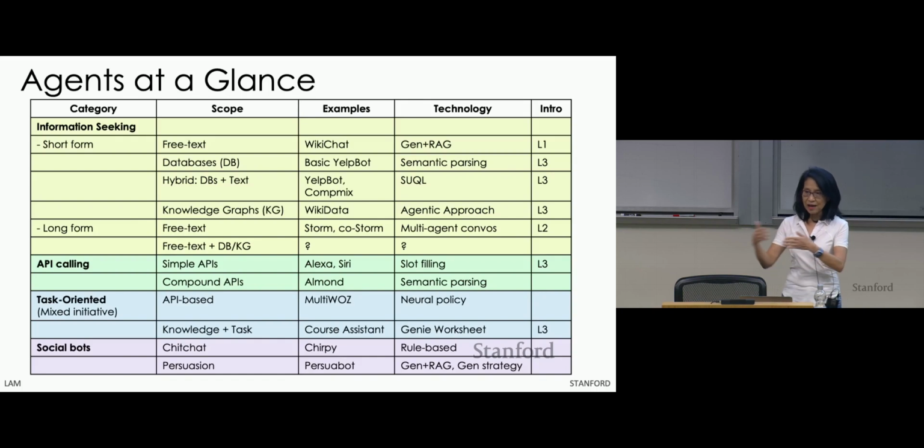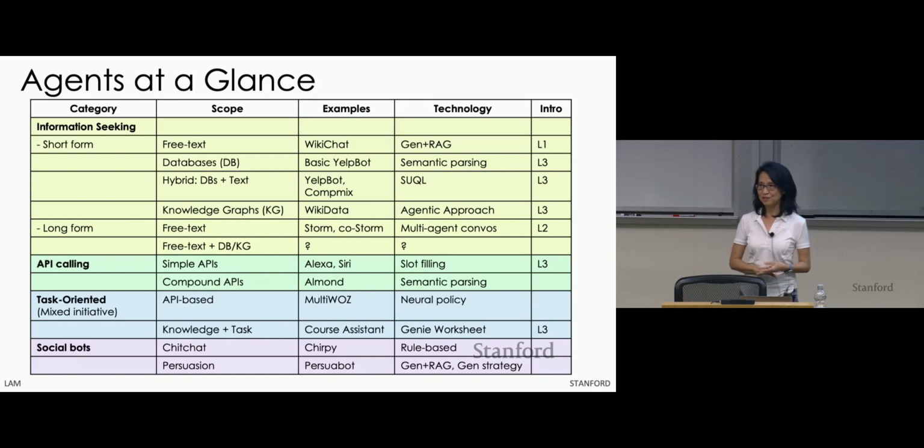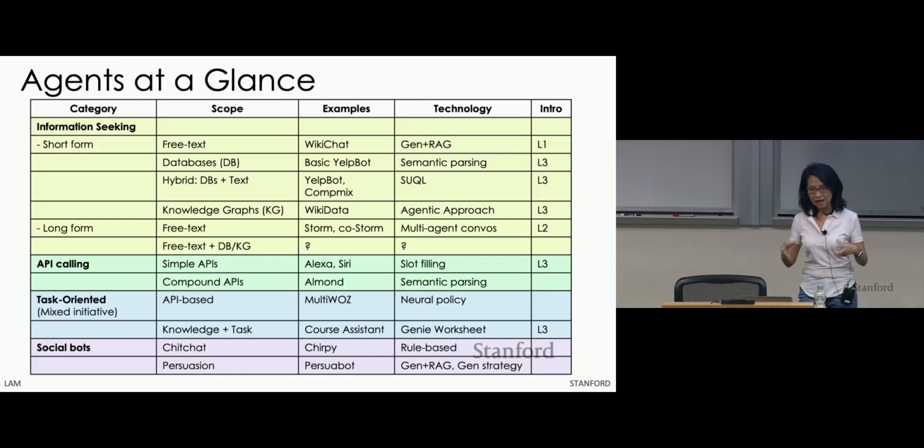And then beyond that, there will be the task-oriented agents. There's a lot of work on dialogue agents, and there's a dataset called MultiWOZ that has been used in so many papers. The idea behind that is to be able to understand what is being said.